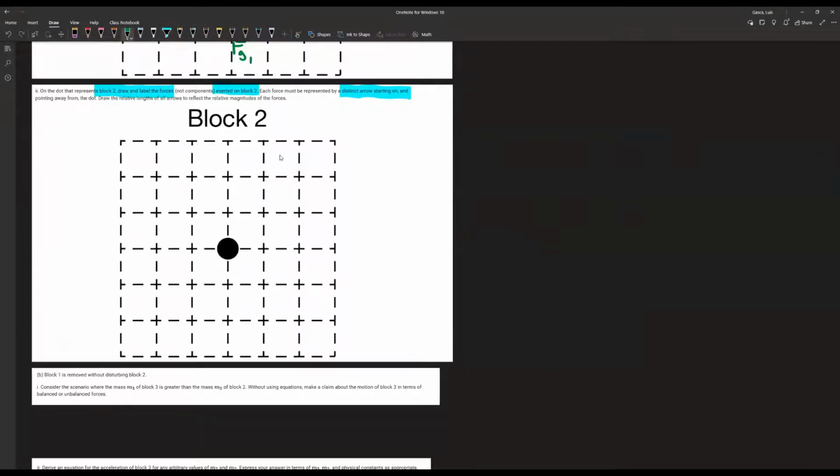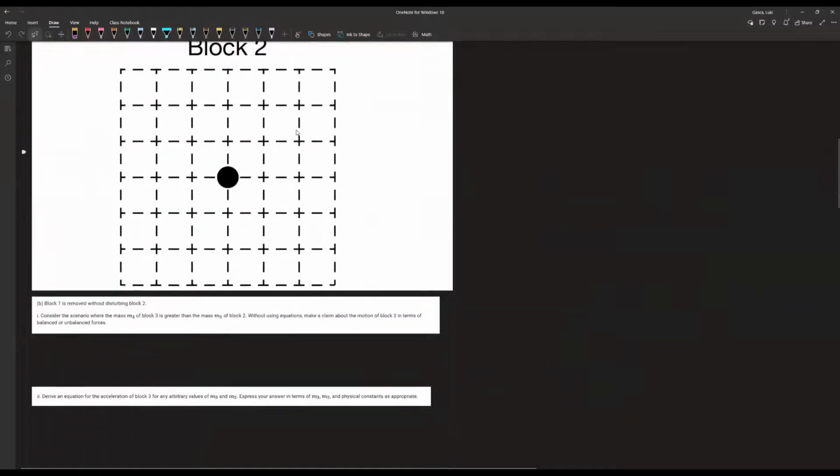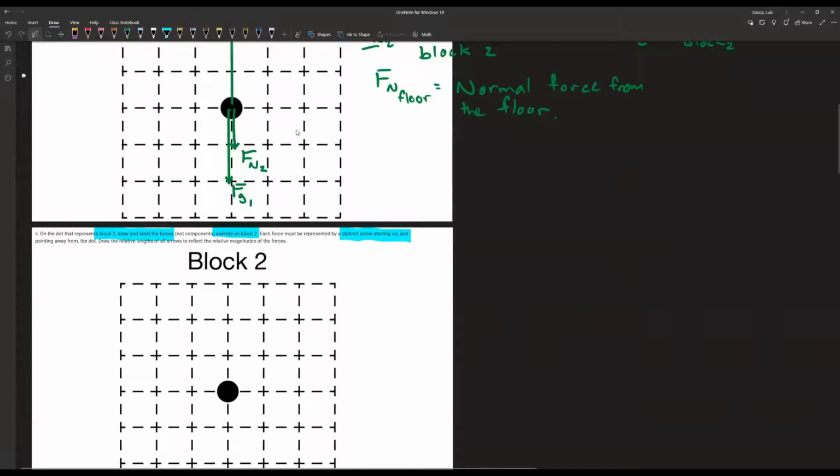Okay, so if we look at block 2, we definitely see that it has weight. And in the previous scenario, just because of the way I know it works, I drew the normal force from the contact of block 2 with block 1, 1 square in length, acting down. Now here, the force that is pulling it down is the gravitational force.